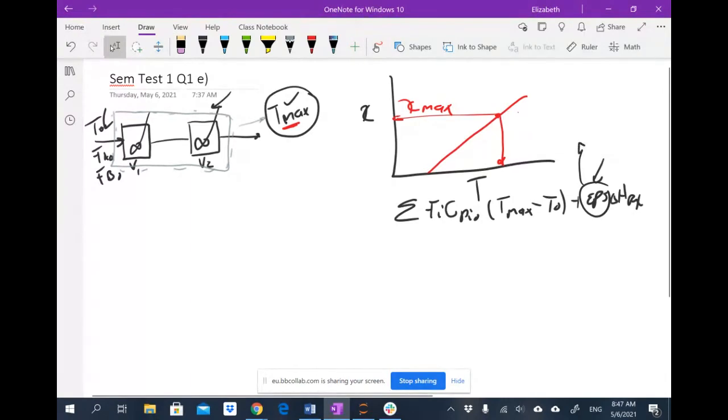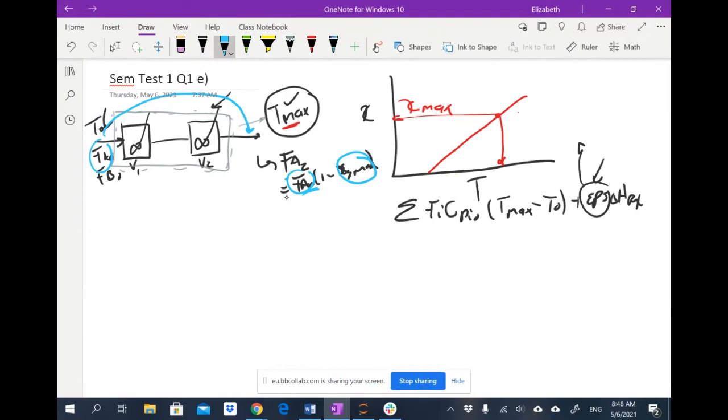And that overall epsilon value must then be equal to this FA from reactor 2, which is FA naught times 1 minus X2 max. And this X2 that I have here, you must realize I base on the overall conversion over my reaction scheme, so that is based on that FA naught where it comes into my reactor.